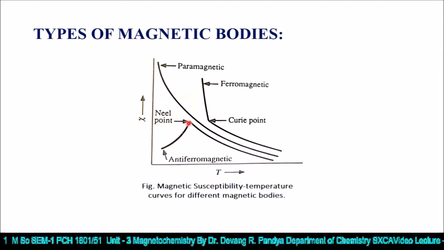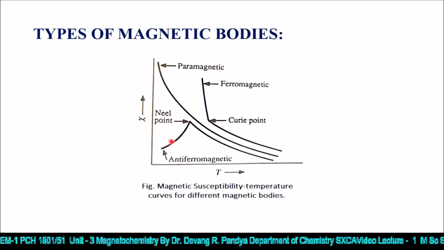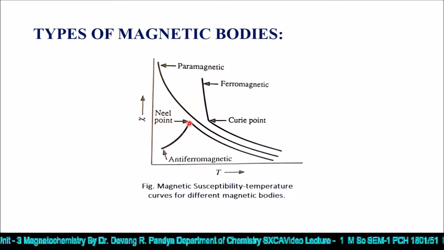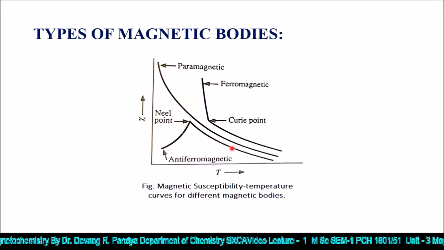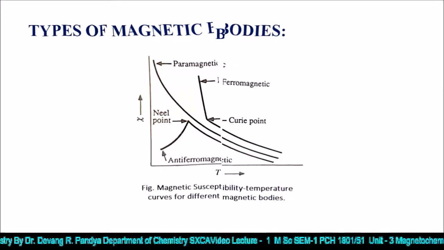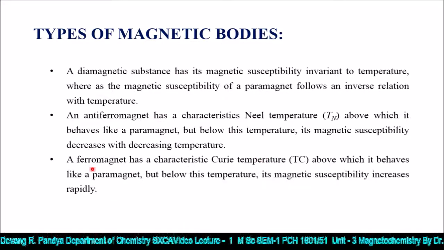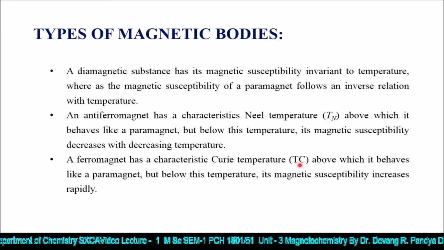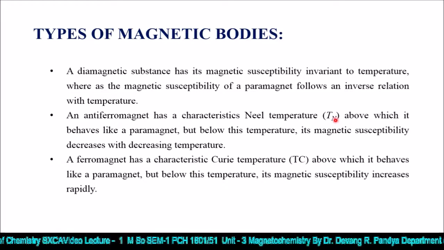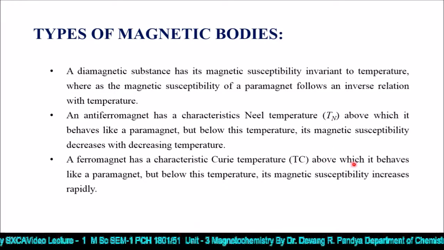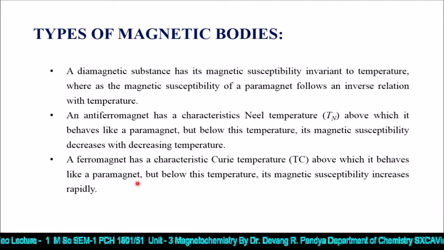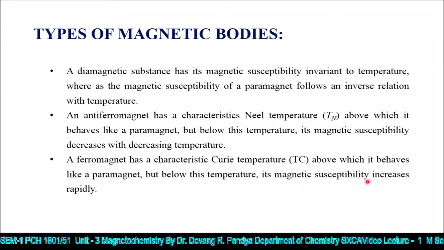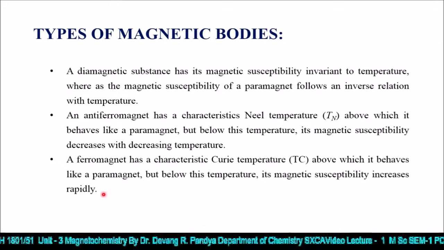From the Néel temperature it behaves like a paramagnetic material, and below the Néel temperature, as the temperature increases, the magnetic property decreases. A ferromagnet has a characteristic Curie temperature, indicated as Tc. This one is indicated as Tn. Above it the material behaves like a paramagnet, but below this temperature its magnetic susceptibility increases rapidly.